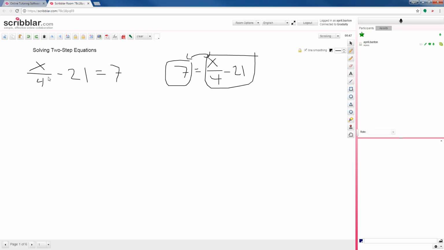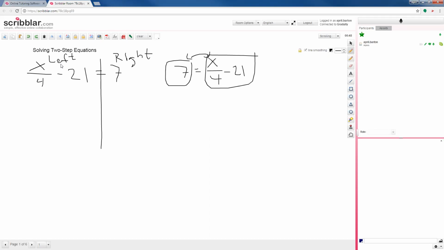So with our equation, what we want to do is to do opposite operations. The equal sign splits it into two sides. We have our left side and our right side. And our goal is to move everything away from the x.